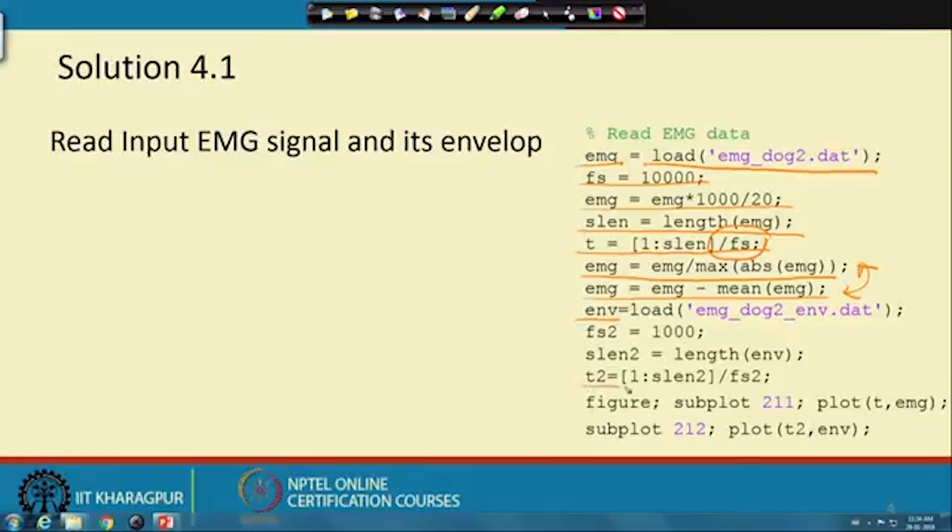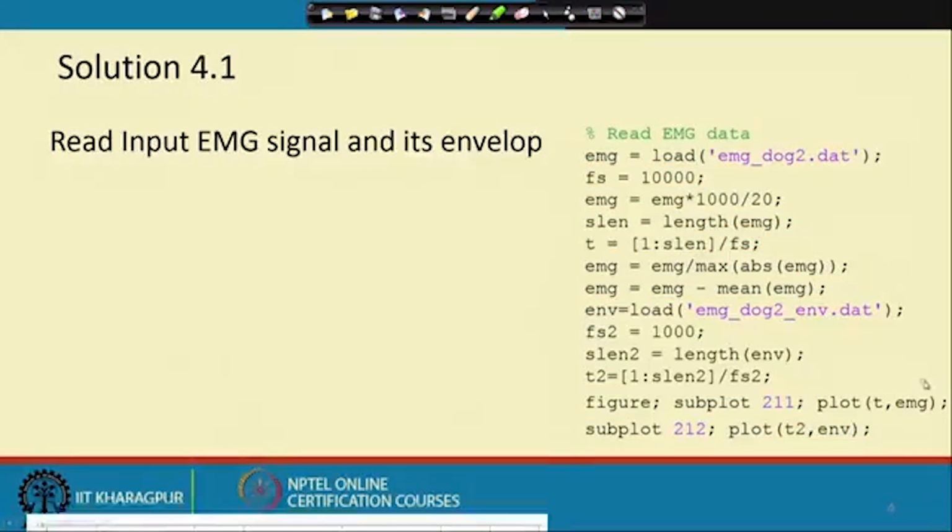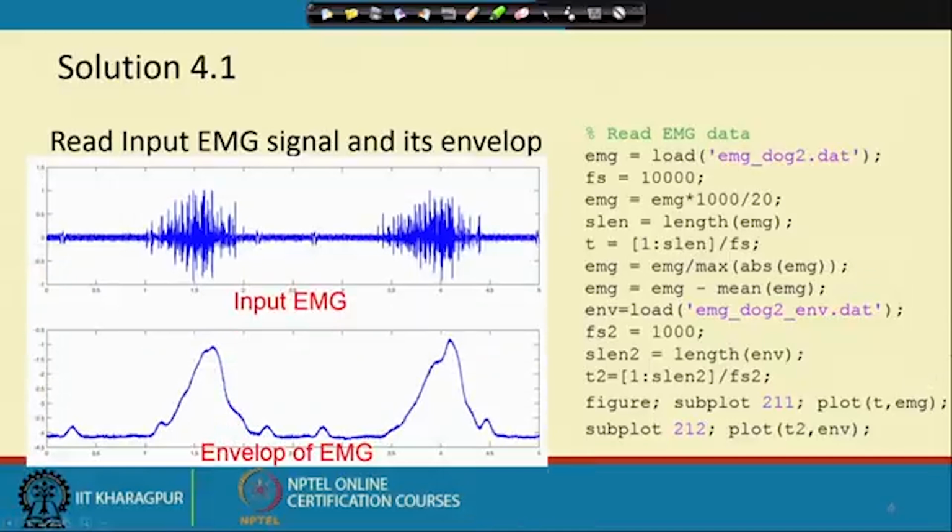and again we have taken the corresponding length, and using the figure and subplot commands, at the top we show the EMG signal and below it the envelope. That means what we are supposed to get. Here we are showing the EMG signal, and here is the envelope.